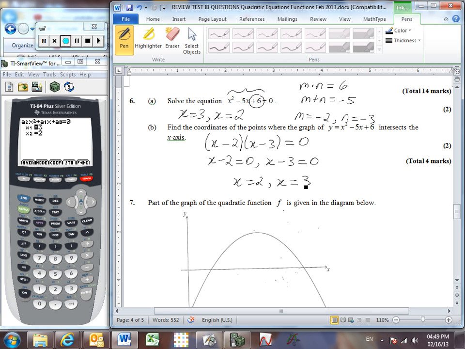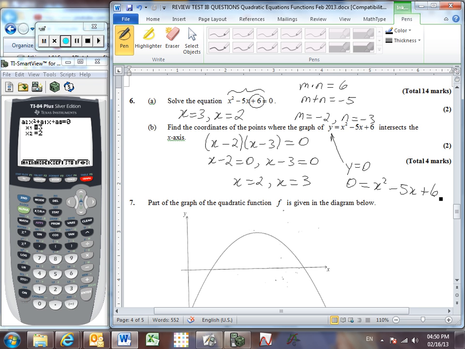Part B, find the coordinates of the points where our graph intersects the x-axis. Now, intersects the x-axis, that's talking about the x-intercept. What's true at an x-intercept? We know that at an x-intercept, y is equal to 0. So 0 is equal to x squared minus 5x plus 6.